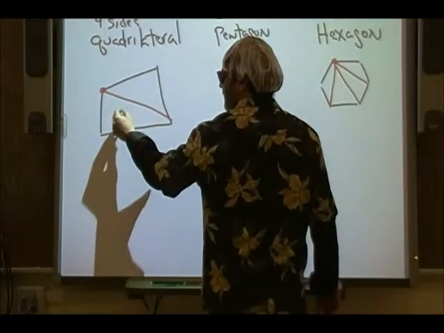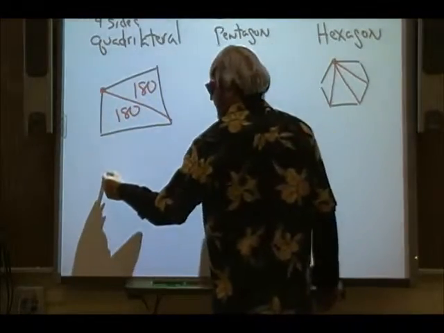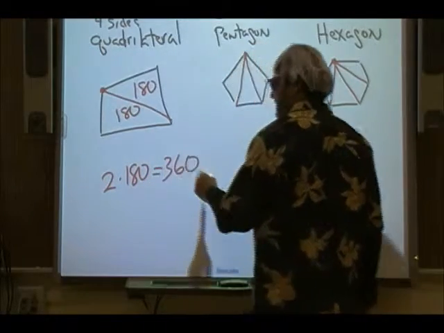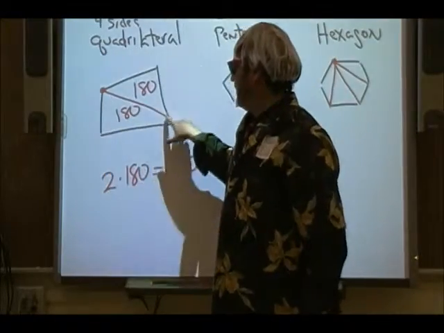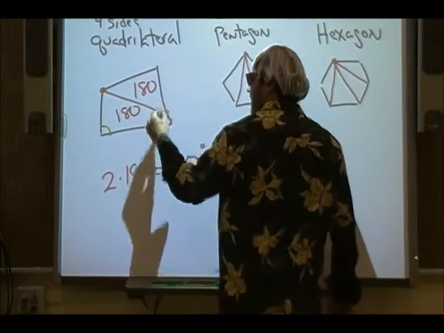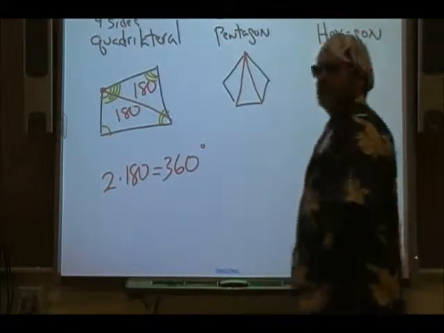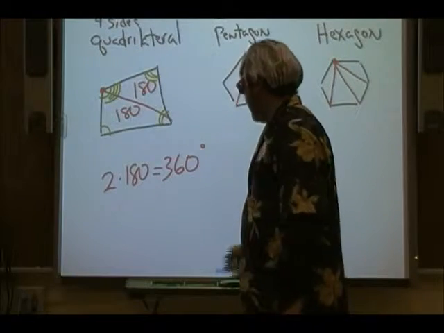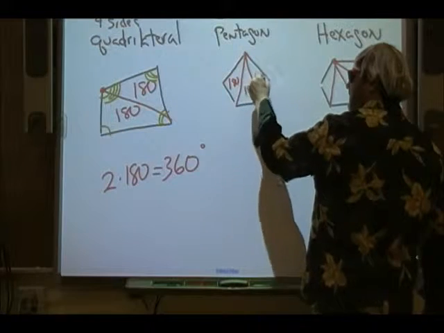So, for the sum of the angles, if this triangle is 180 and this triangle is 180, you have 2 times 180, which is 360. So the entire sum of the angles of this polygon is 360 degrees. Over here, I have 180, 180, and 180.